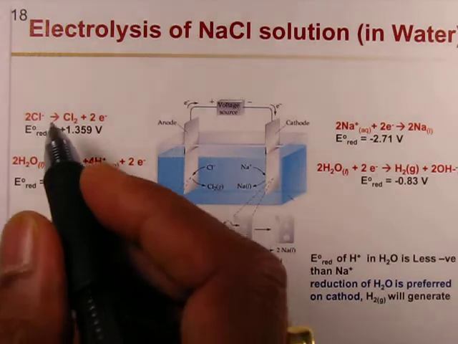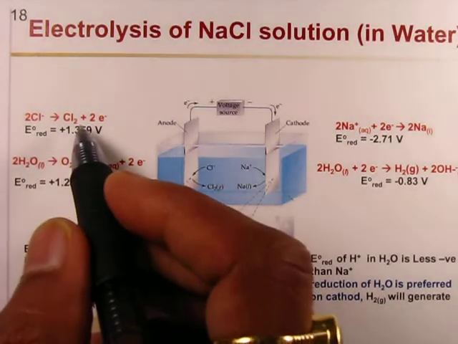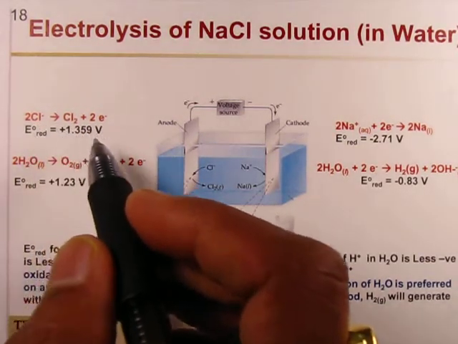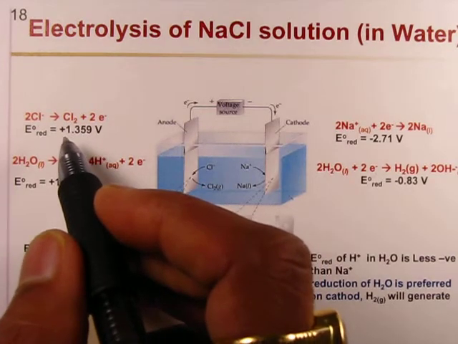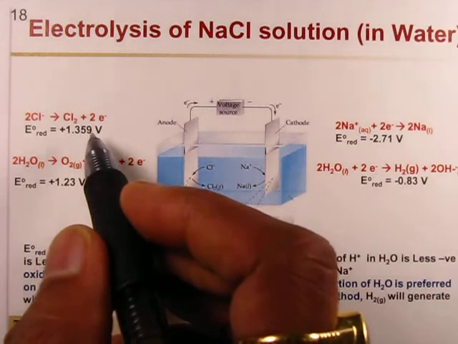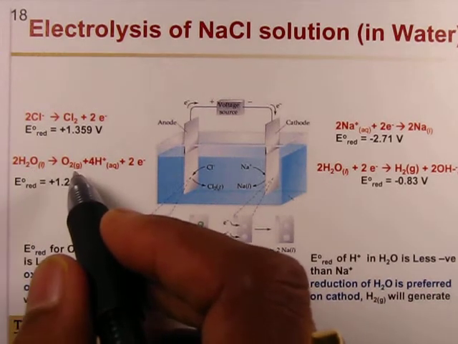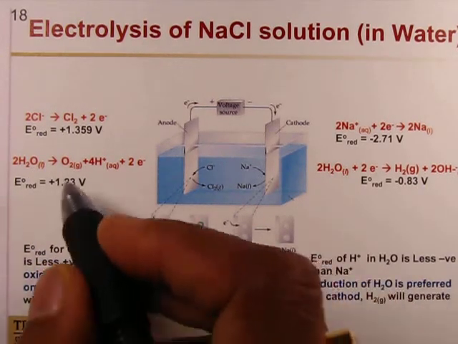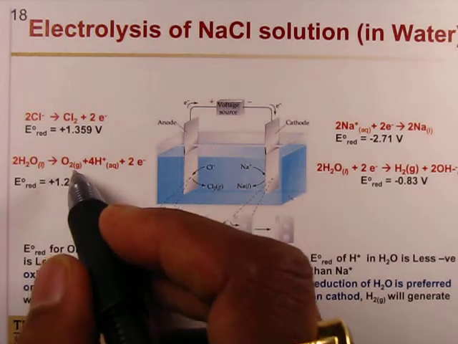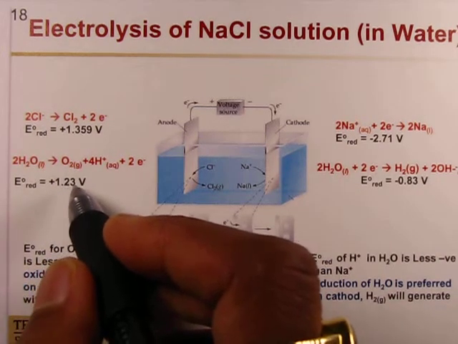But the reduction potential of chlorine is plus 1.359 volts, and the reduction potential of water to oxygen is plus 1.23.